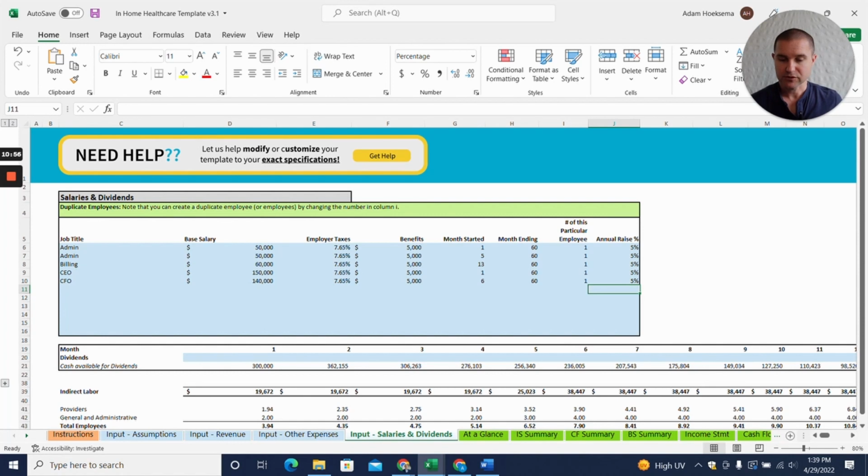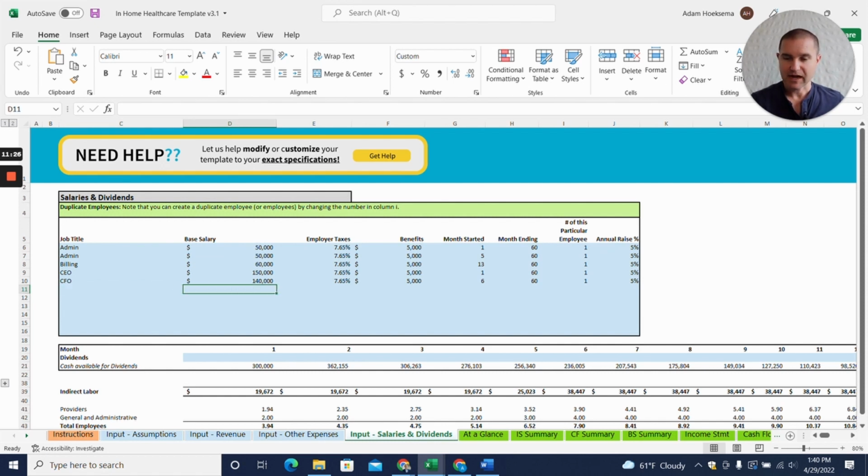All right, jumping over to our Input Salaries tab. Here you can add individual salaried positions. Now, remember, we have already taken care of the providers, so the CNAs, the RNs, those are already taken care of on the Input Revenue tab, so you don't want to enter them in again here. These are really the administrative positions. So you could have your CEO, CFO, maybe a marketing director or sales director.